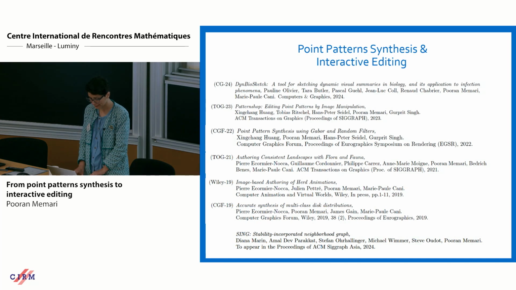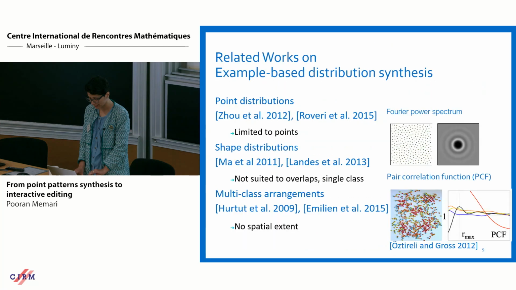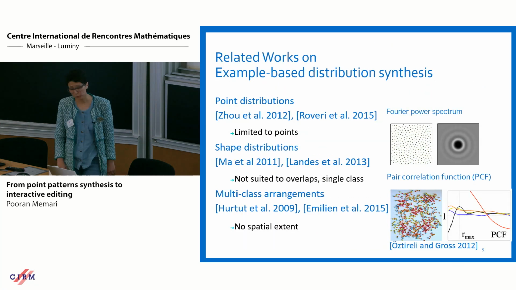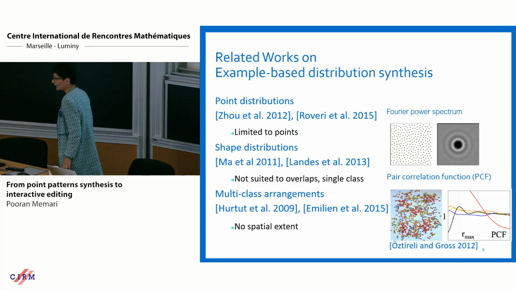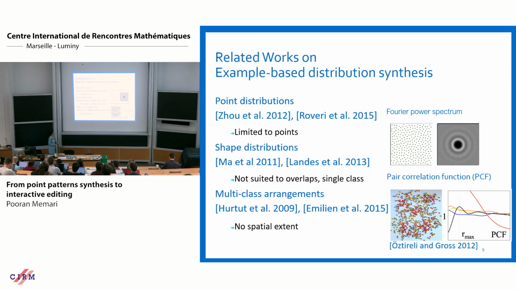The fact is that, okay, so let me just go back. The only manner, at least, that we have to evaluate the quality of distribution synthesis would be through the two categories of signatures that we know.